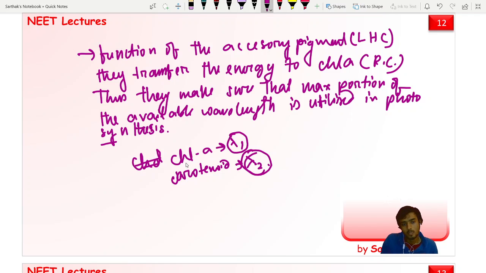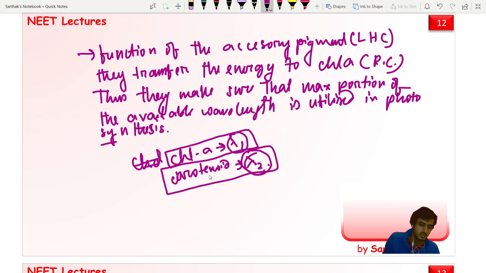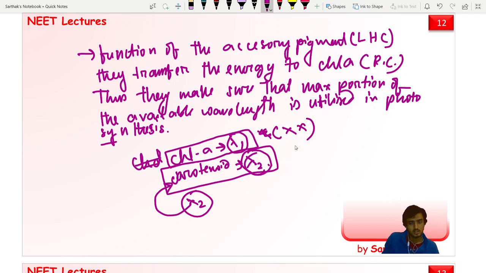Then chlorophyll A will be optimally photosynthesizing, and the carotenoid will also be photosynthesizing. And suppose only lambda 2 is available, then what will happen? The carotenoid will be functioning, and chlorophyll A will be functioning but not optimally. So the carotenoid will transfer the energy to chlorophyll A.